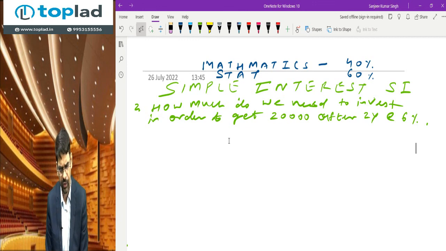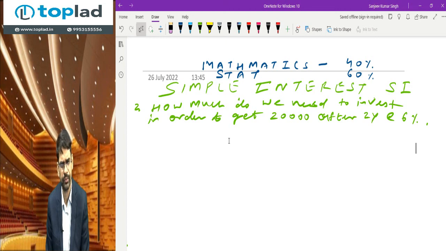I will read it once again for you. How much do we need to invest in order to get 20,000 after 2 years at the rate of 6%. Please try to attempt. Each and every student in my class try to solve this question.